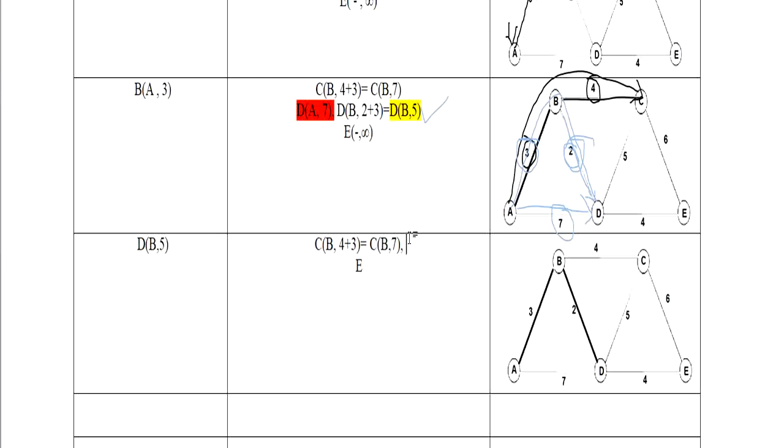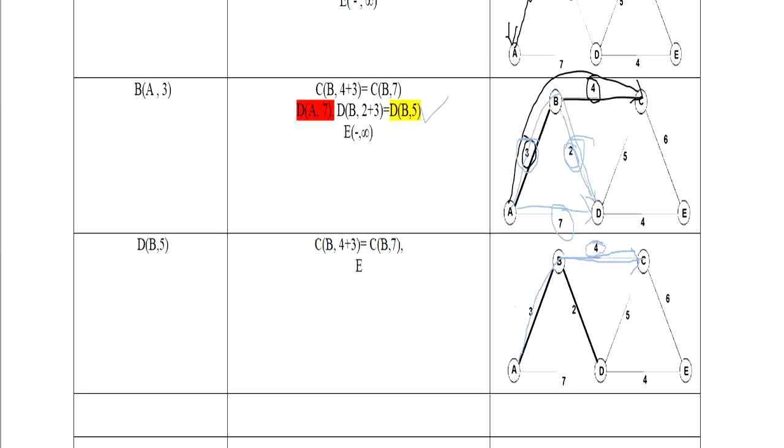This is not the only edge I can take. I will show it with respect to the plot. I can go from B to C, traveling from A to B, B to C. The cost of this is 3 plus 4.